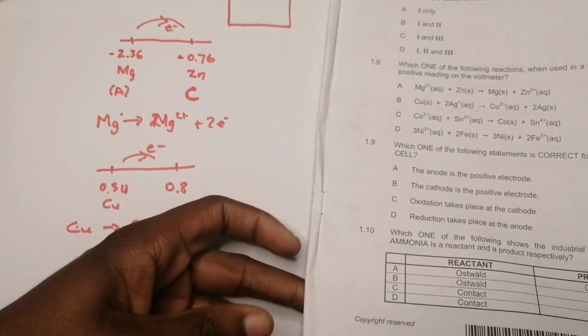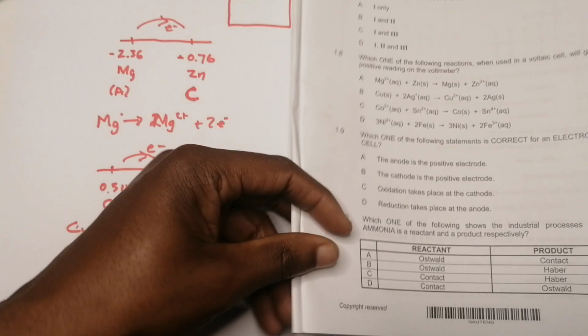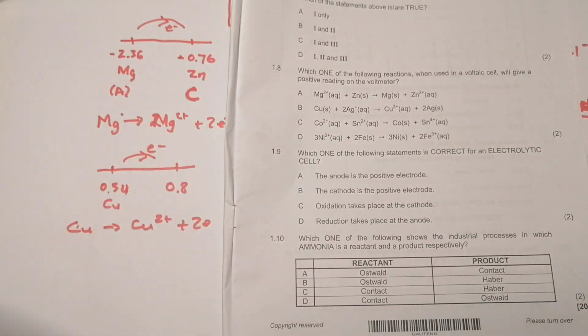Now the very last one. For those of you who are preparing, you know that this part won't necessarily form part of your examination. However, I will answer the question nonetheless. They say, which one of the following shows the industrial process in which ammonia is a reactant and a product, respectively?